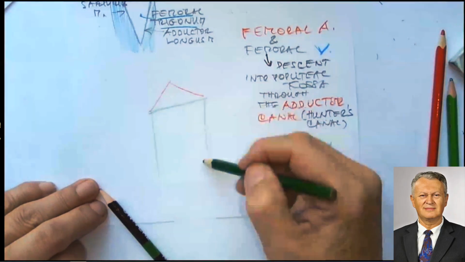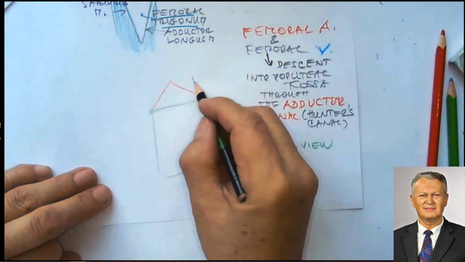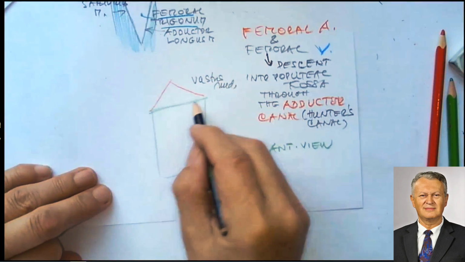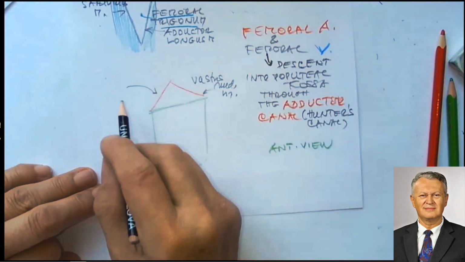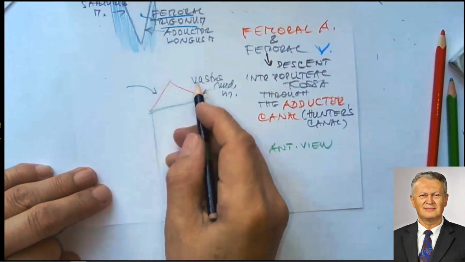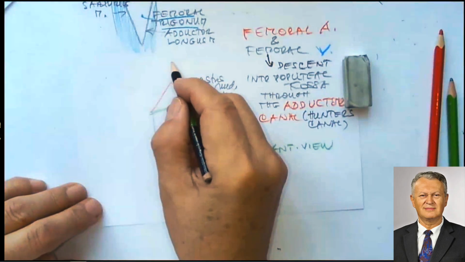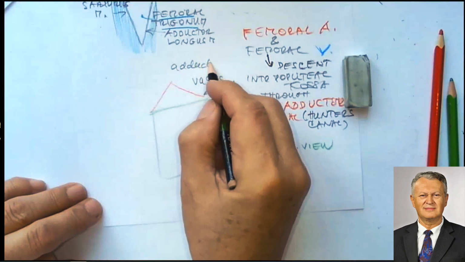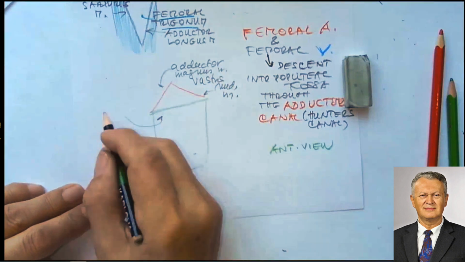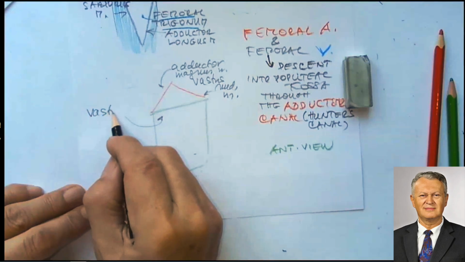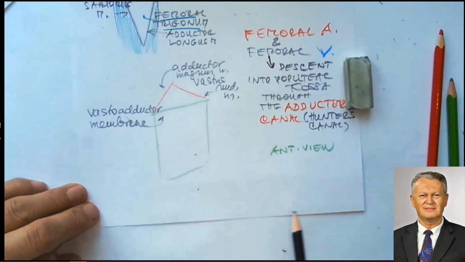Hunter's canal is a triangular structure, bounded by the vastus medialis, so we are on the medial side now, and the adductor magnus muscle from this side, and ventrally, anteriorly, is the vastoadductor membrane, membrana vastoadductoria.